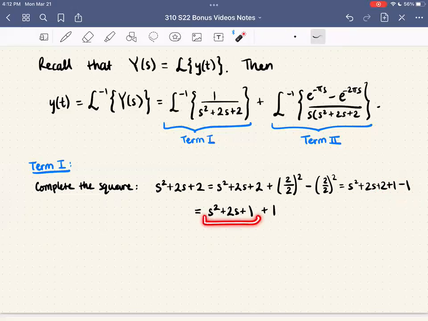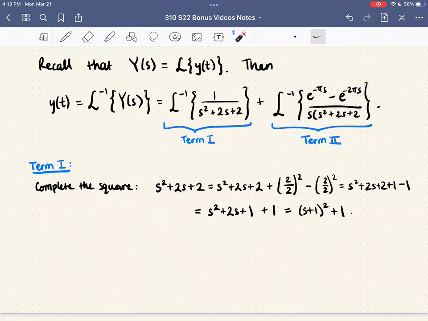Now this expression is something that I can factor. The first part is s plus 1 squared, and then I just have plus 1 left over. This is s plus 1 squared plus 1. I have completed the square.